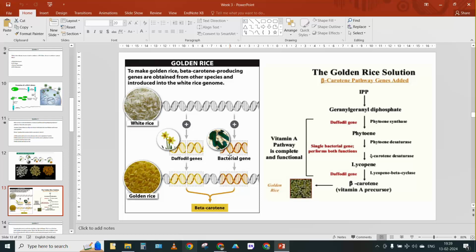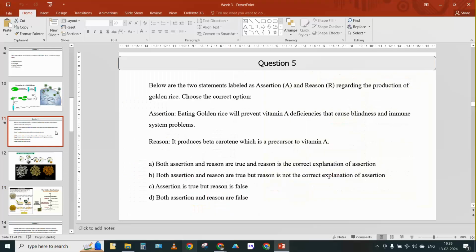Sanjay, so the option A is the correct one because it produces beta carotene, which is a precursor of vitamin A. So here the option A is the correct one.